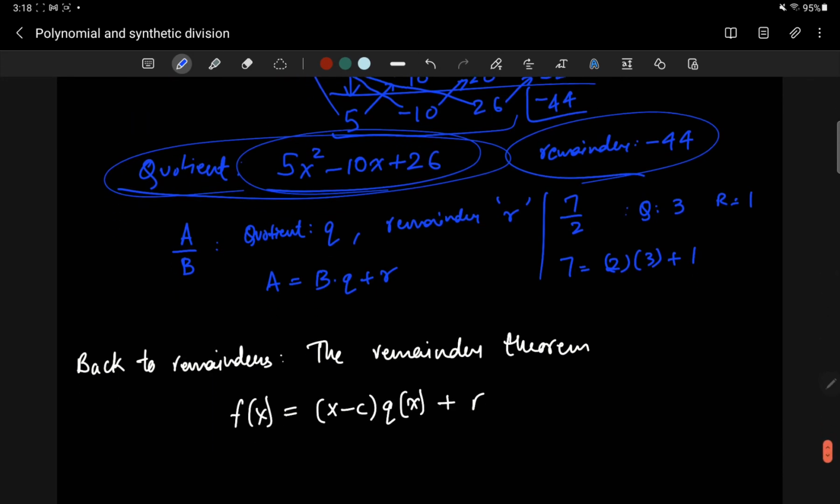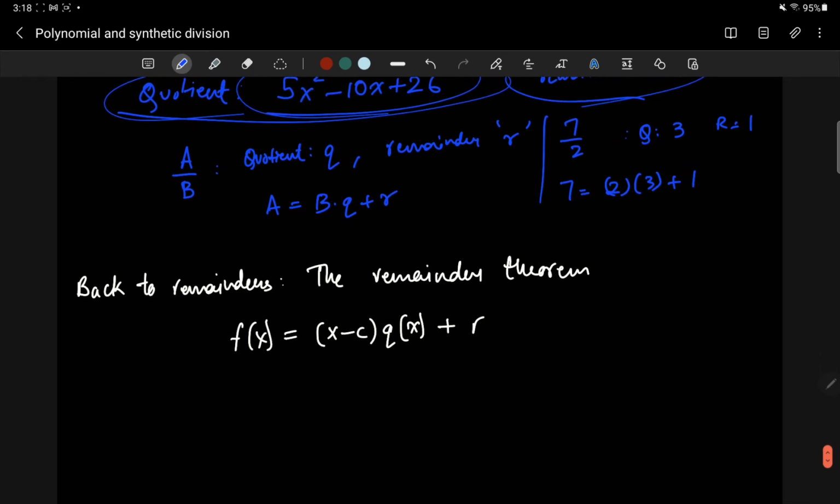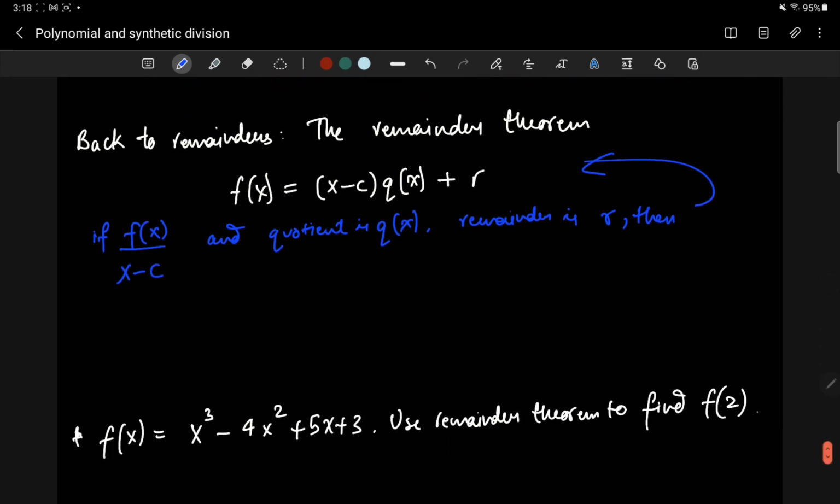And we can do the same thing with polynomials, right? So if f of x is being divided by x minus c, and the quotient is q of x and the remainder is r, then we can say that this is true.